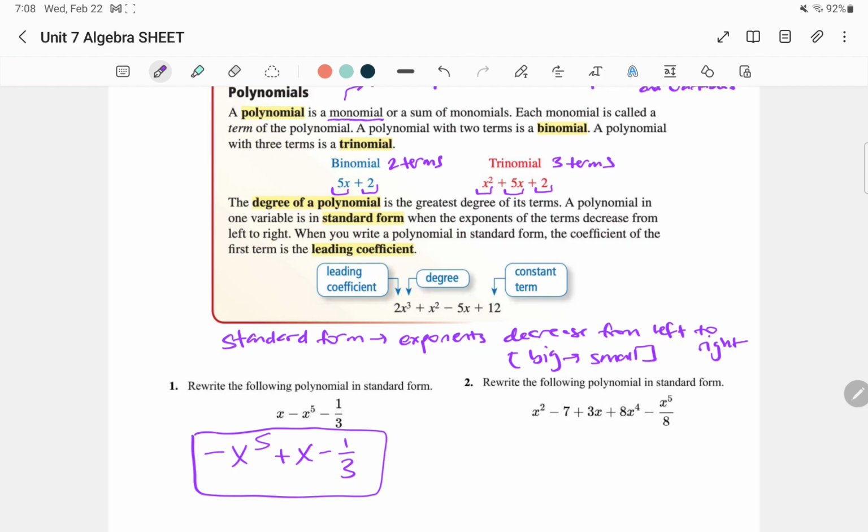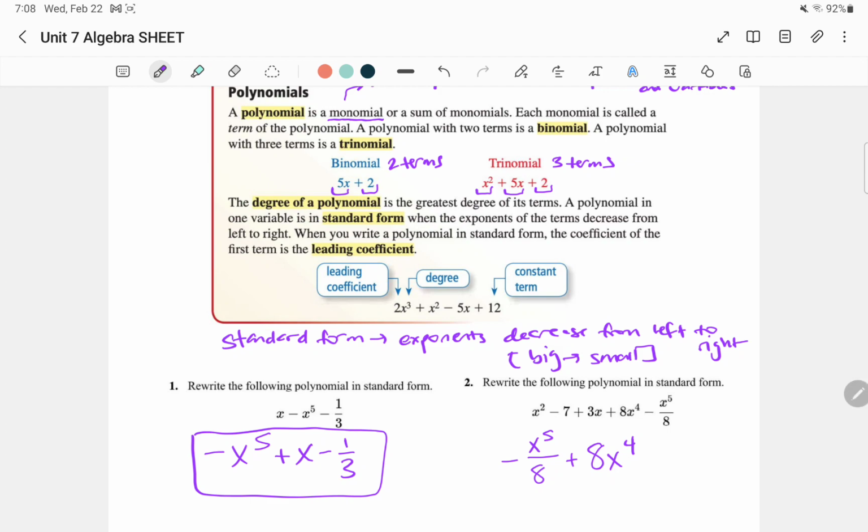Let's look at number 2. Where is our largest exponent? That would be x to the fifth over 8. So I'm going to start with that one. And since I'm subtracting, it's going to be negative x to the fifth over 8. Next largest exponent would be 4 right here. So I'm going to say plus x to the fourth. See how my exponents are going to go in order from left to right, from biggest to smallest.